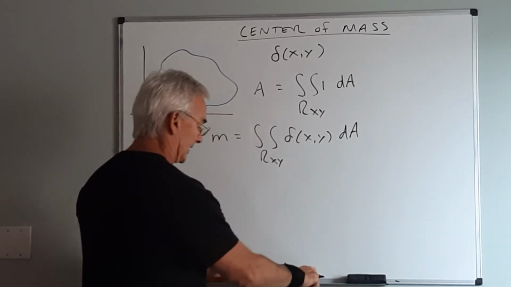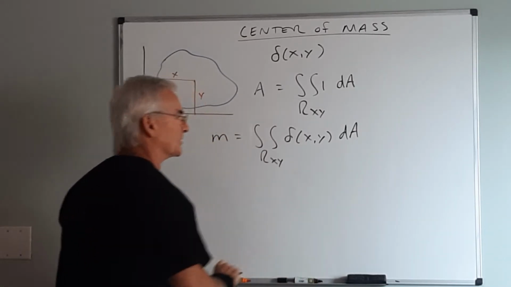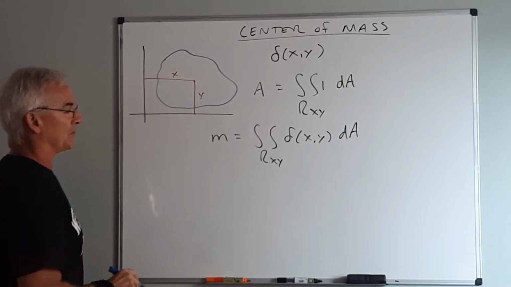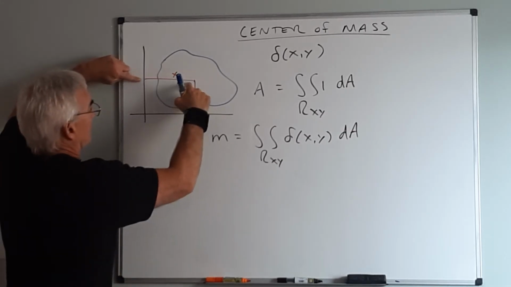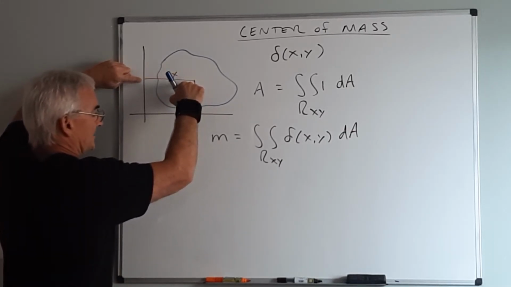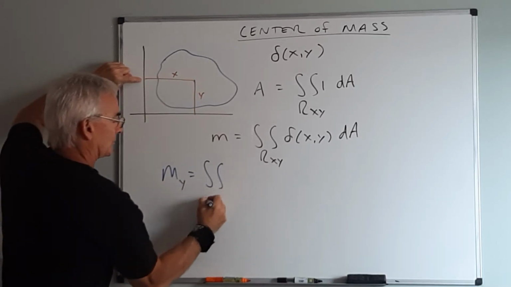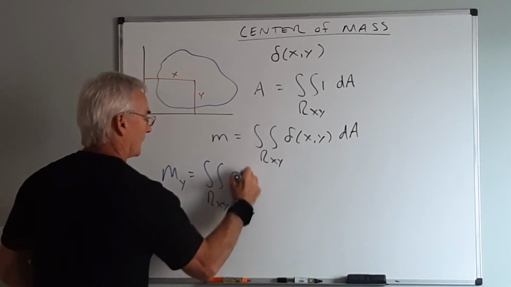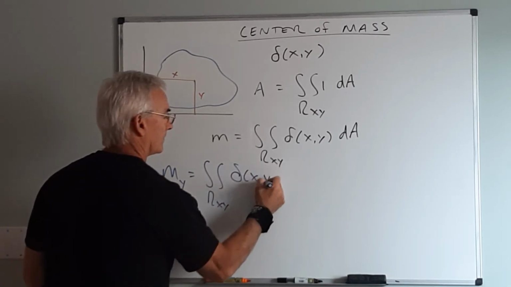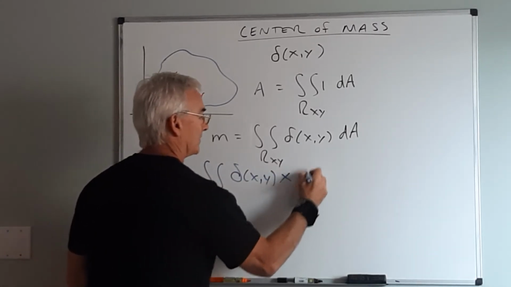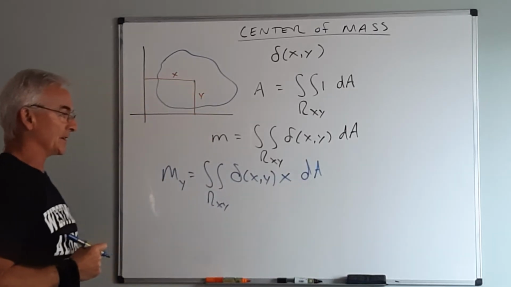Now, when we're calculating the moments, it turns out the calculation is probably easier now with multiple variables. Again, the moment to the y-axis, which is the x distance, which we called M sub y, we do the same thing as we did before. It's density times the x-coordinate and then the area integration.